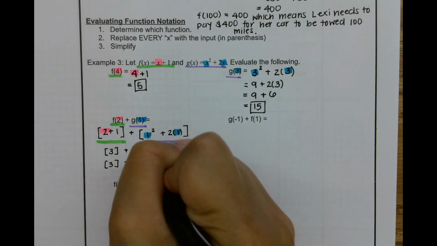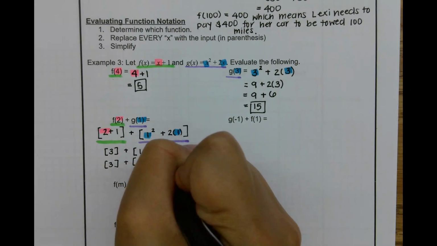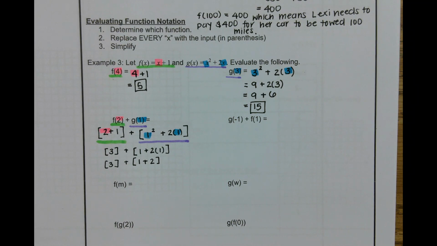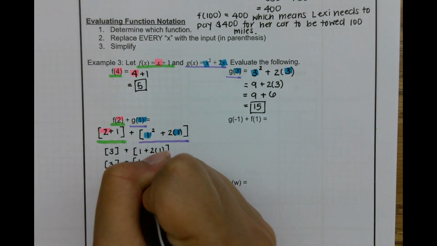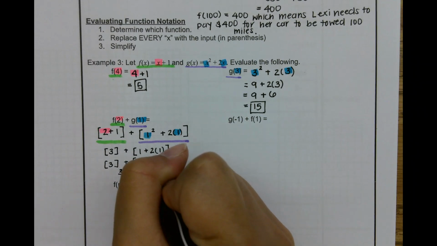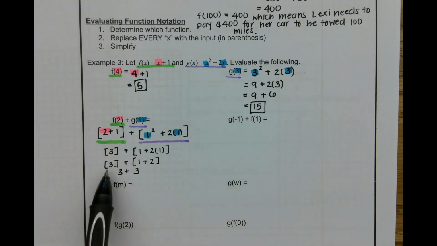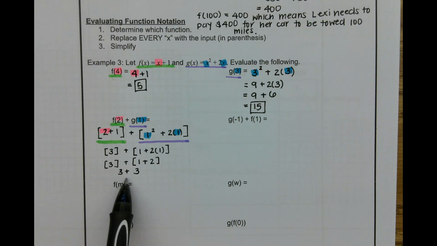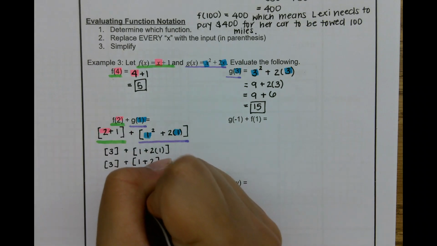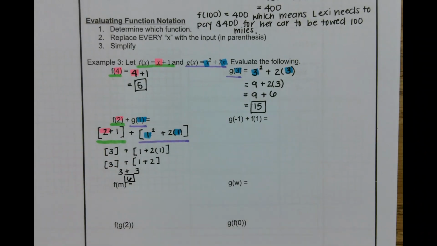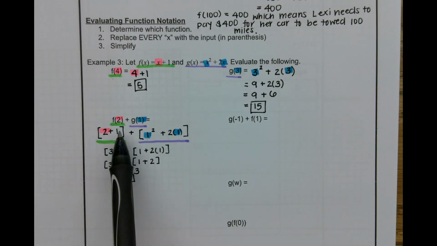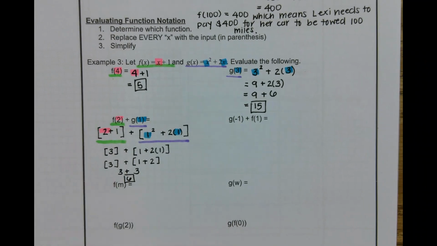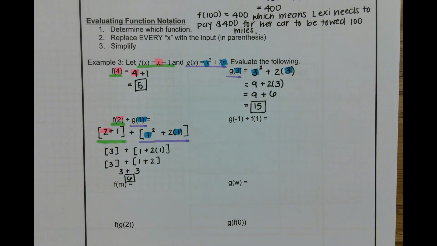Okay, 2 times 1 is 2. Continuing with order of operations, 1 plus 2 is next in that grouping. So that's 3, that's 3. Then last 3 plus 3 is 6. Woo, that's my answer. Okay, so f of 2 plus g of 1 is 6.